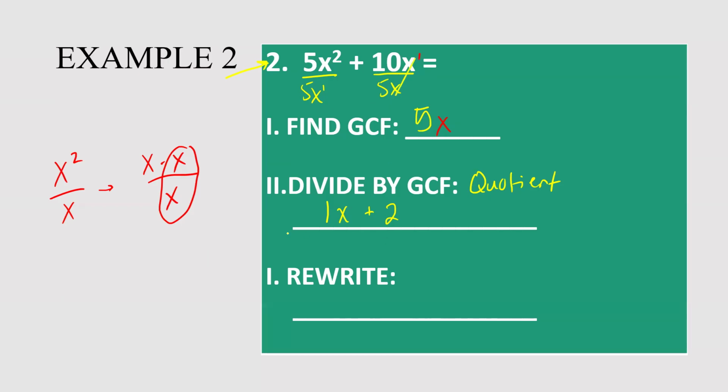They cancel out. So this is what I'm left with. So when I rewrite, remember you're rewriting as your GCF times your quotient. So my GCF was 5x. My simplified quotient is x plus 2. So this is my factored form.